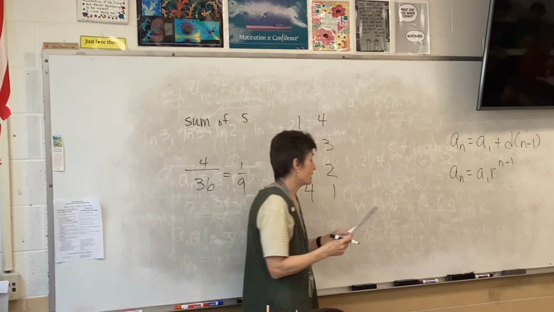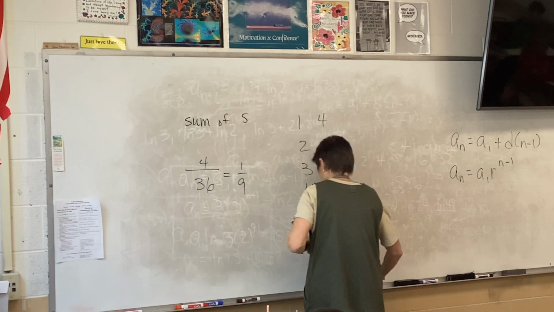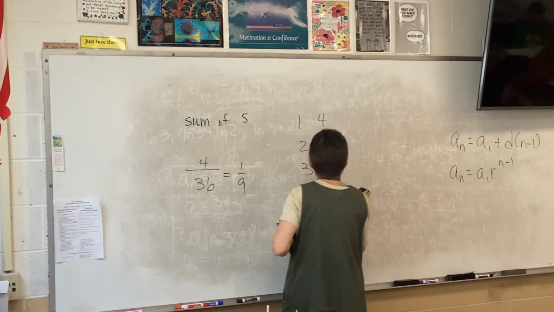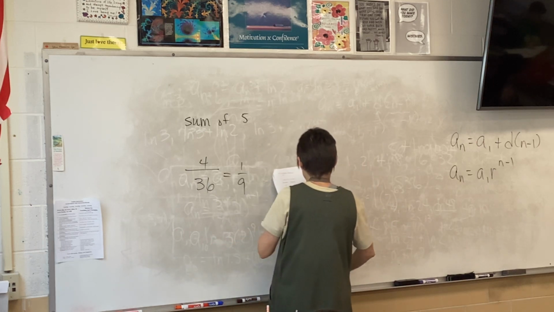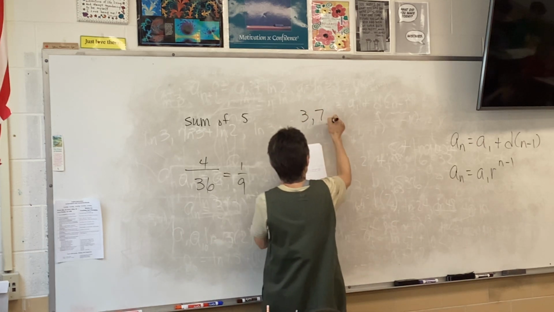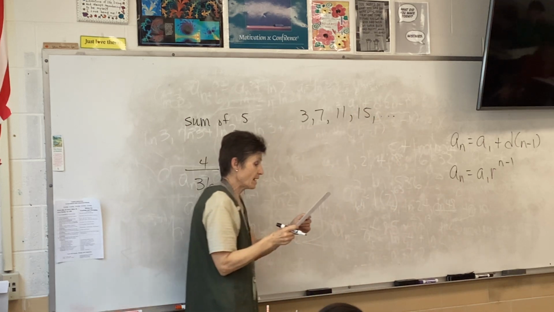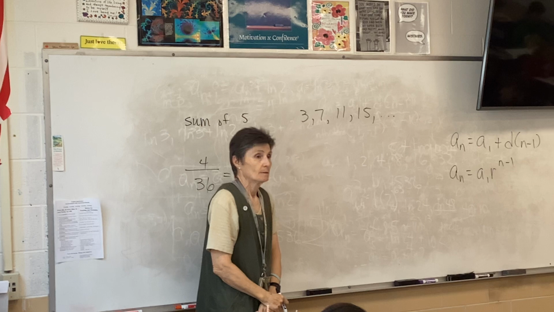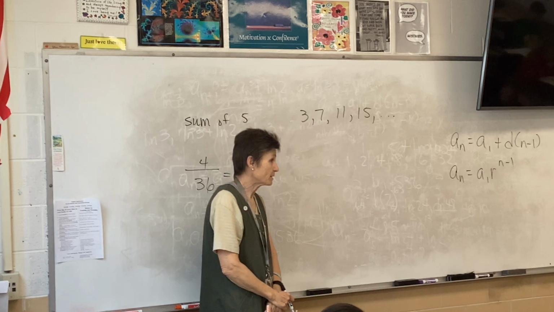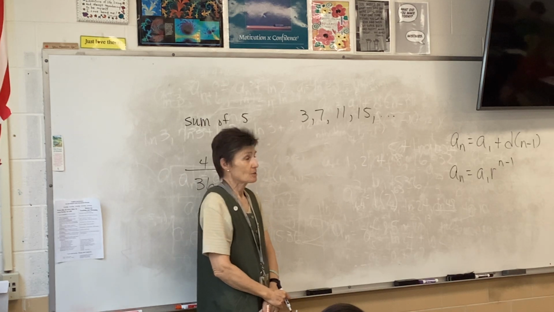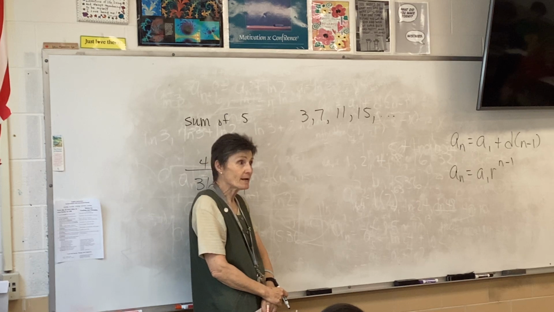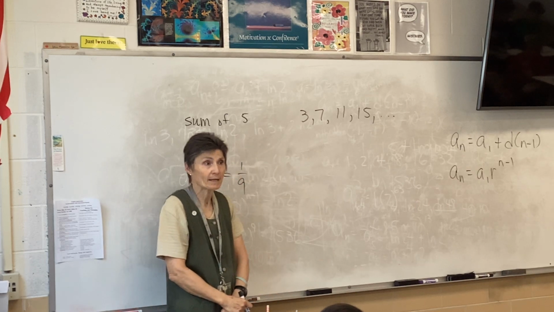Number 1, consider this sequence. Tell what type it is. Choices are arithmetic, geometric, or neither. So this one is definitely arithmetic because what's happening?